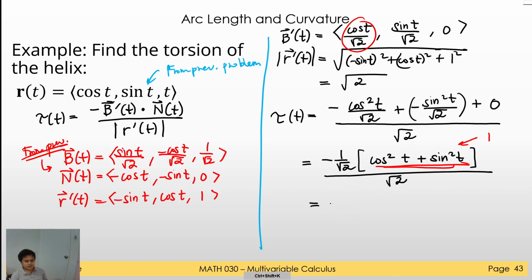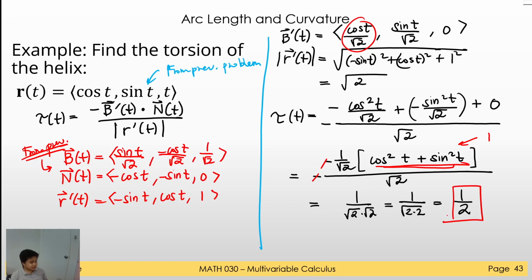We forgot the negative sign here; there should be a negative sign outside, so the two negative signs cancel out. Therefore, 1 over square root of 2 times square root of 2, which is 1 over 2. So the torsion of your helix will be a constant 1/2.